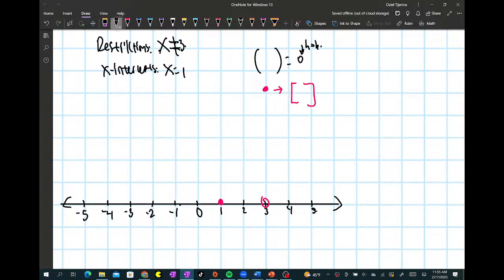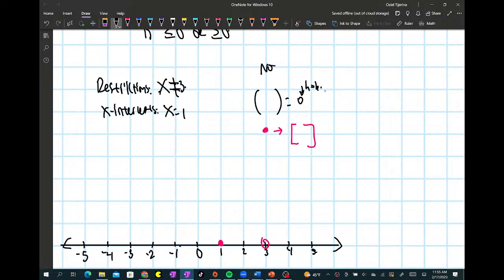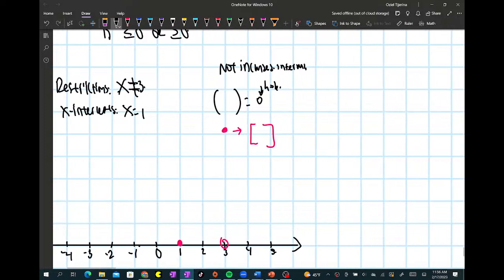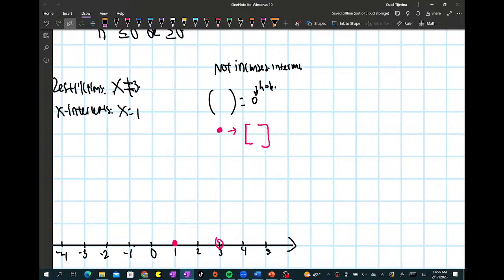So if you guys don't understand what this means, I recommend that you go back a few videos and try to understand what they mean when they say write the interval in interval notation, and understand what it means when there's a bracket or parenthesis, an open circle or a closed circle, right?